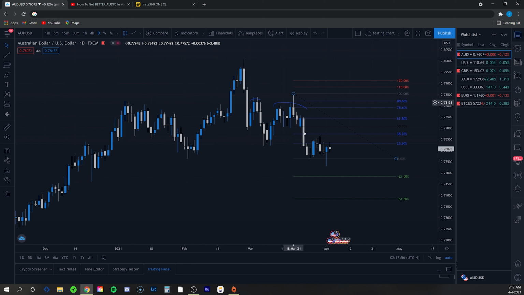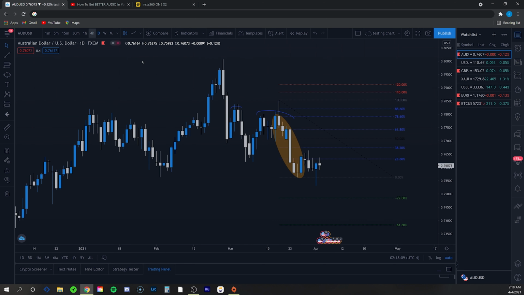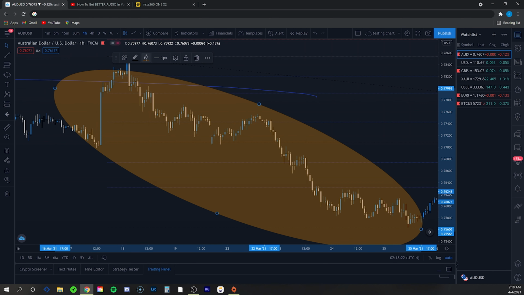So let's break down this area right in here. Let's highlight it first before we do it. So overall, we know where we're at on a daily time frame, right? So that big move, let's just make this a bit more clear.